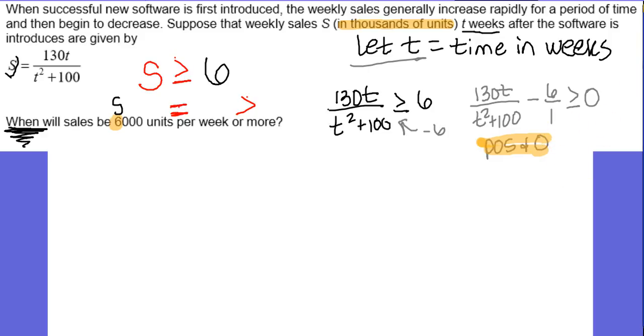Okay, so I'm just going to keep switching pages so I can keep all my math up at the top of the page so people in the back can see. Are you ready to move on? Yeah. Okay, so we have the equation 130t over t squared plus 100 minus 6 over 1.